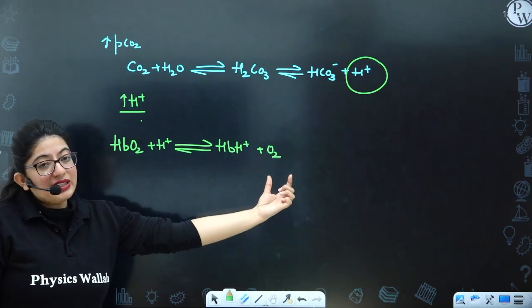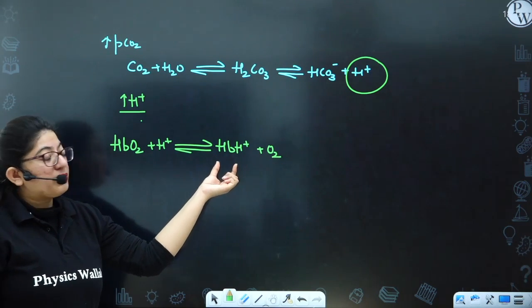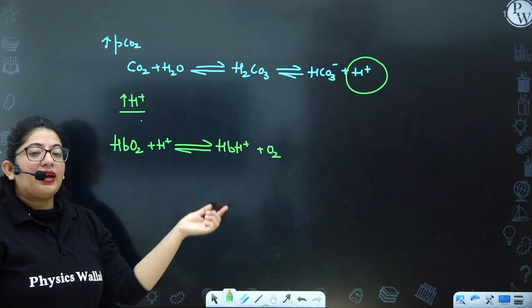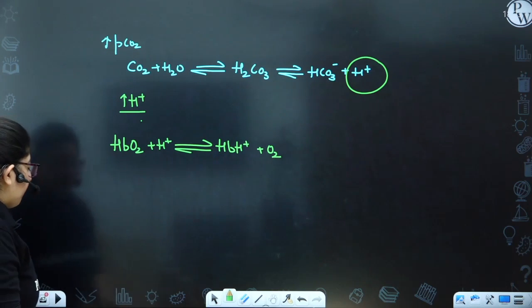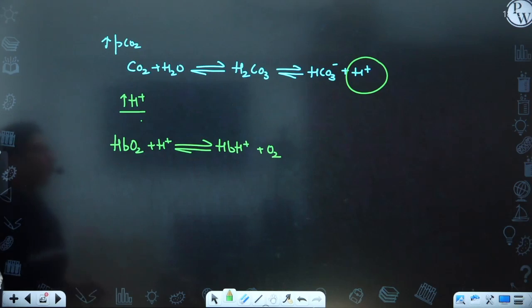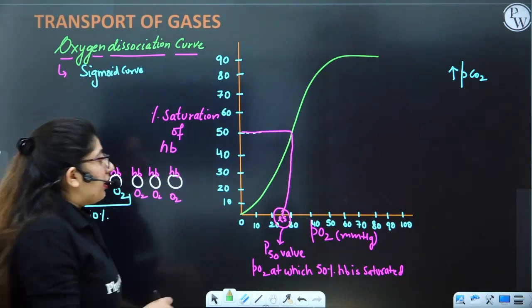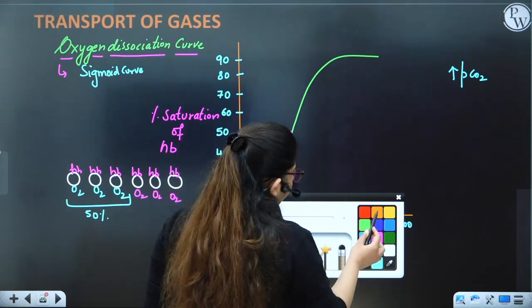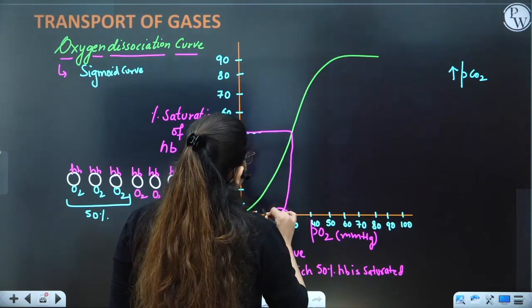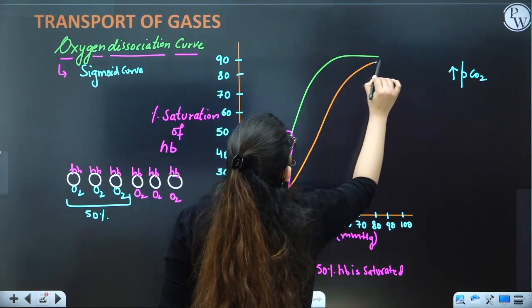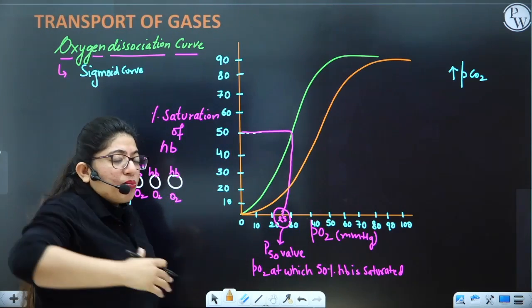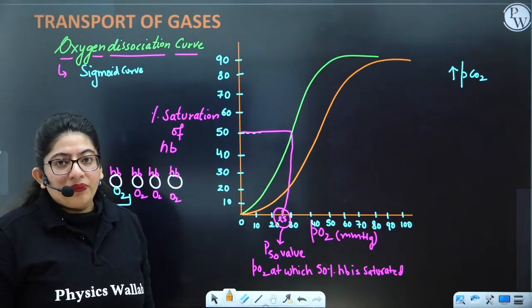When you increase the army of oxygen, the HbH will get dissociated and HbO2 will again be formed. But the condition is, you have to increase the partial pressure of oxygen. While doing it, definitely you will get a curve, but you will get a curve when there is more increase of PO2.